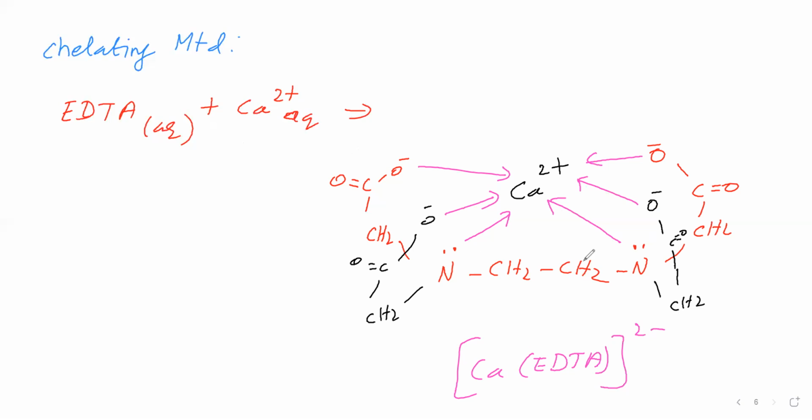Okay, this method is called the chelating method. This complex is called a chelate complex, so it is called the chelating method. So in this way we can remove hardness. That's all about hardness of water. In the next class we will discuss the degree of hardness and the disadvantages of hardness.